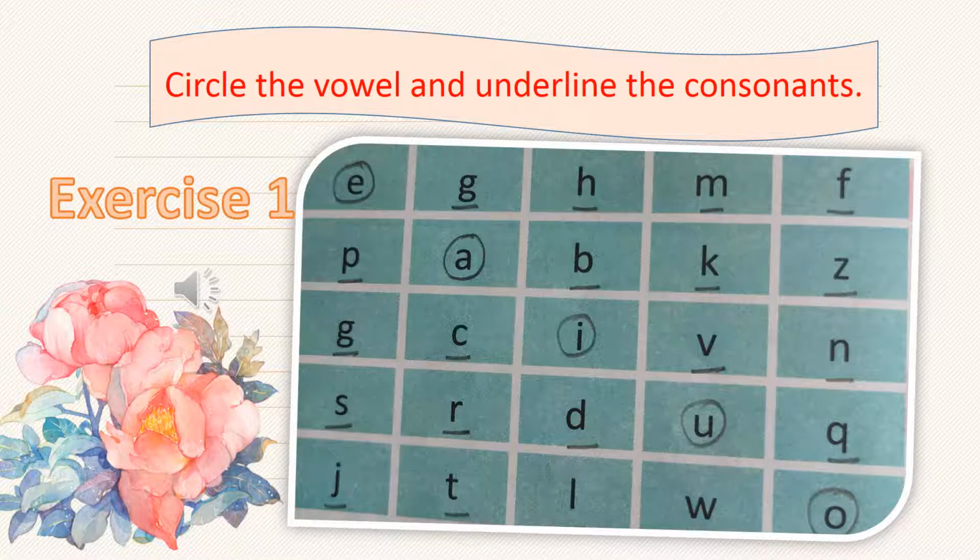I have circled the vowel A. In the third row also I have circled the vowel I. In the fourth line I have circled the vowel U. And in the last line I have circled the vowel O. So each line has one vowel which we have to circle, and all the remaining letters we have to underline as they are consonants. You will be doing this in your English grammar copy.